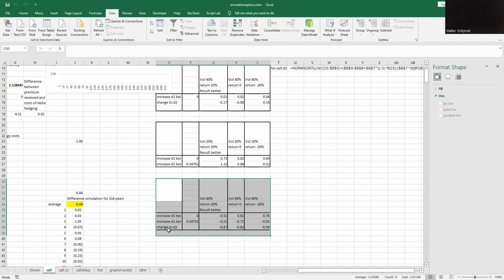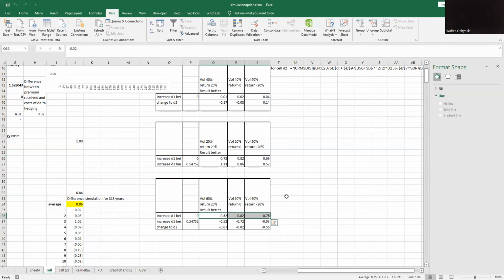Comparing to these two other possibilities of increasing D1 by 0.54 or performing hedging according to D2 instead of D1, dynamic hedging according to D1 shows the best results in most of the cases.